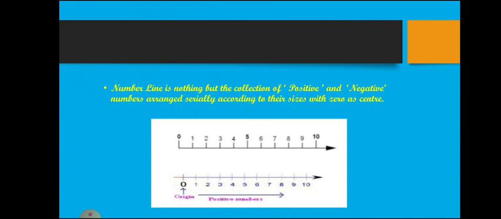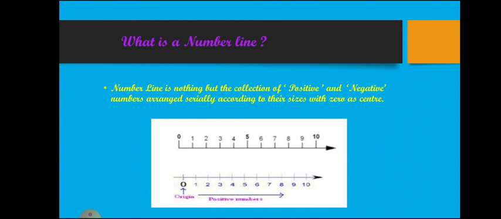Now next is the number line. What is a number line? Number line is nothing but the collection of positive and negative numbers arranged serially according to their sizes with 0 as the center. 0 is the origin.